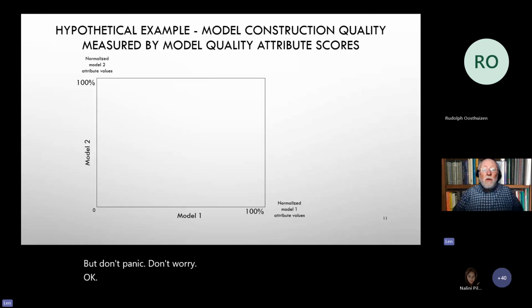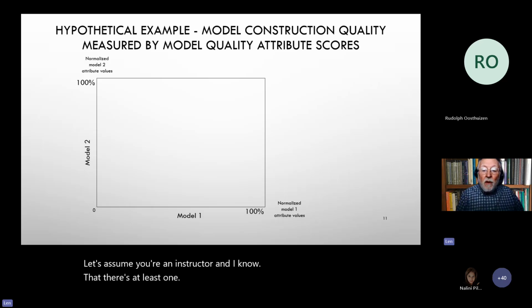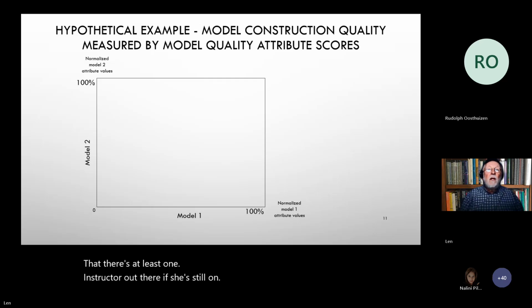Let's assume you're an instructor, and I know that there's at least one instructor out there, if she's still on, who has to evaluate student work. So what I've got here is model number 1 and model number 2.